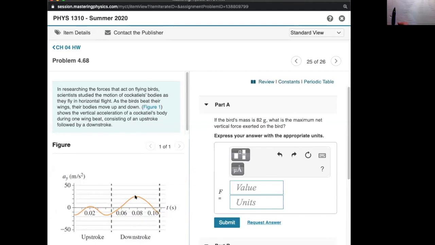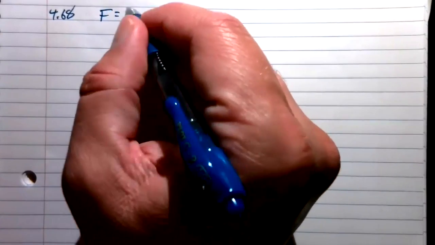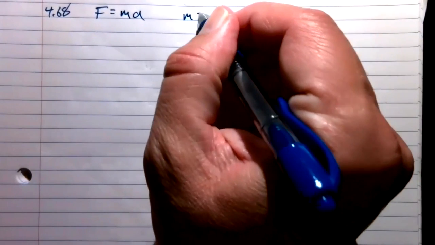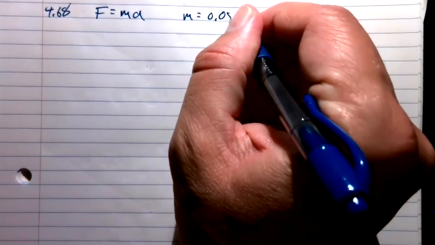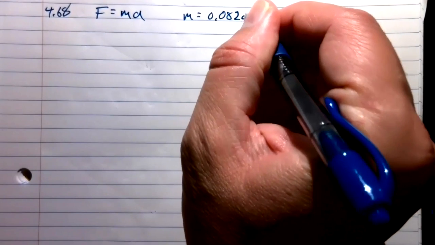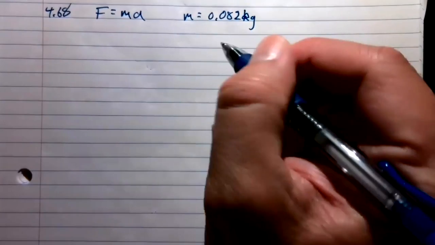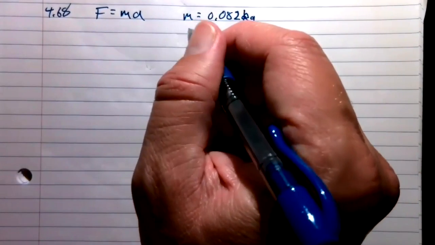So what do we use? We use Newton's second law, F equals m times a. We know the mass of the bird, mass equals 0.082 kilograms, and we know the maximum acceleration.